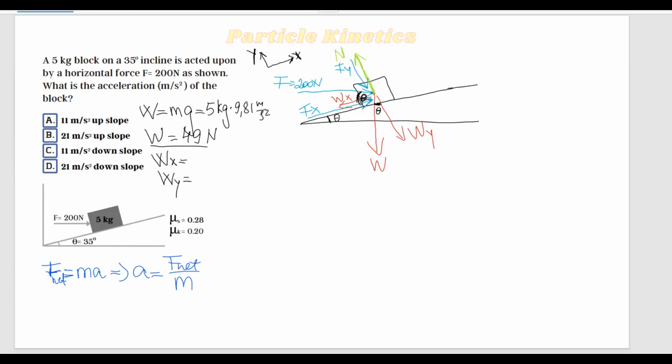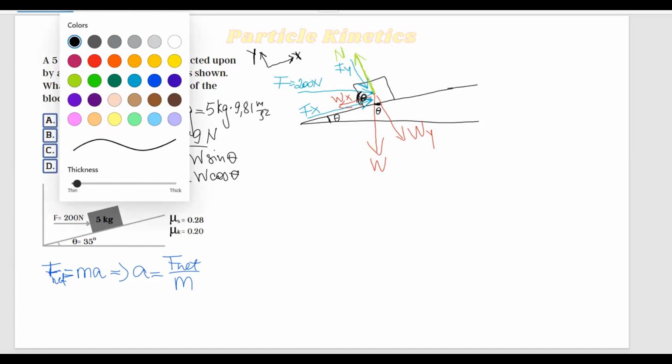Let's find Wx and Wy, the x and y components of the weight. Since this is angle theta, Wy is going to be equal to W cosine theta, and Wx is going to be equal to the weight times sine theta.